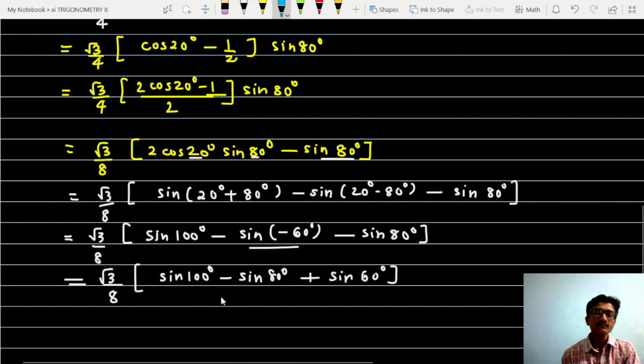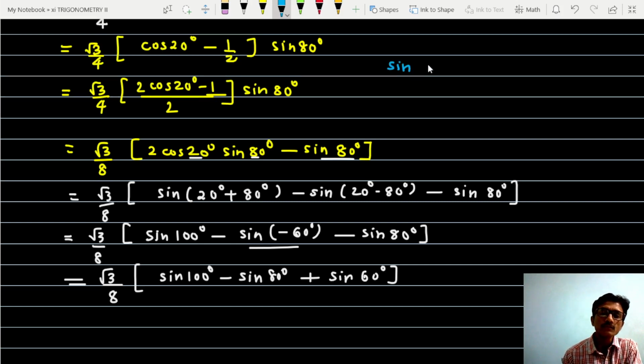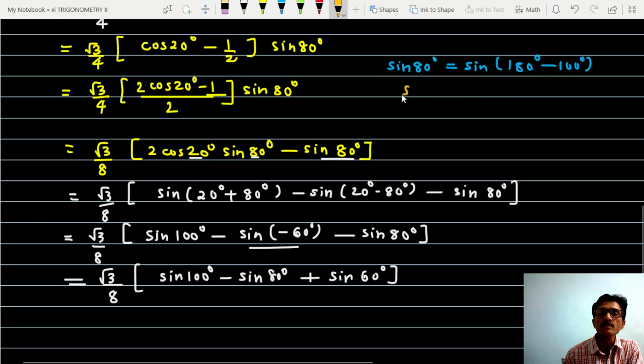Now we have sine of 80, you can write it as sine of 180 minus 100 degree, and we have sine of pi minus theta, that is equal to sine theta.